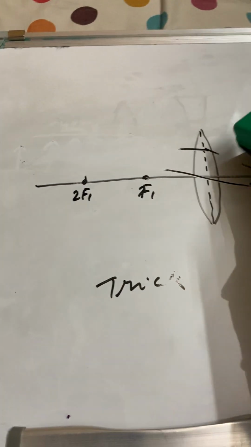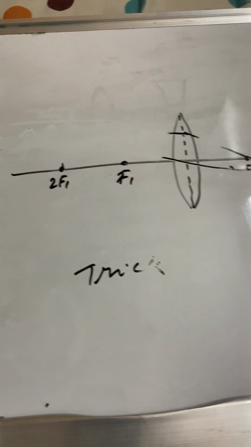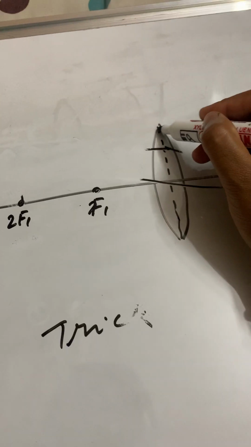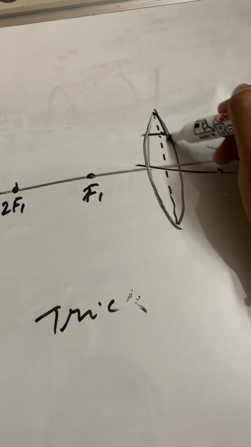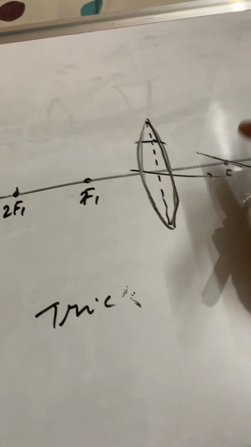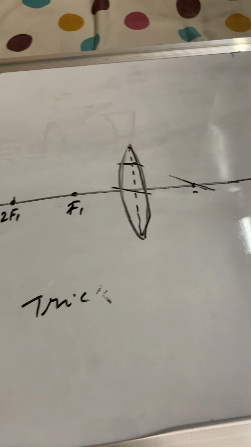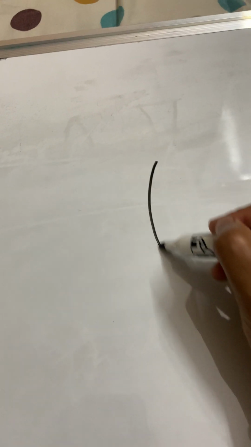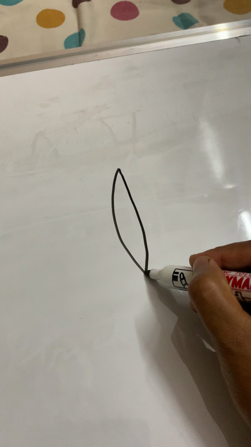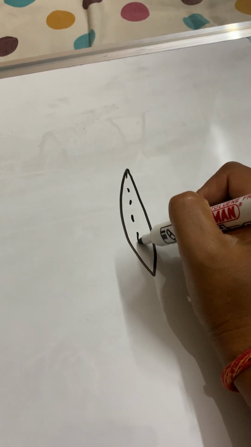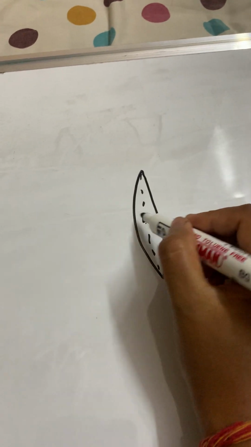Now I'll take that exceptional case because that is a little bit, the ray diagram consumes time. I have to do it again. Students, see the textbook. The textbook will give you in detail, in depth.